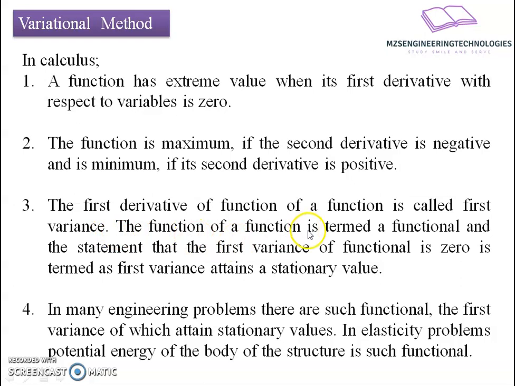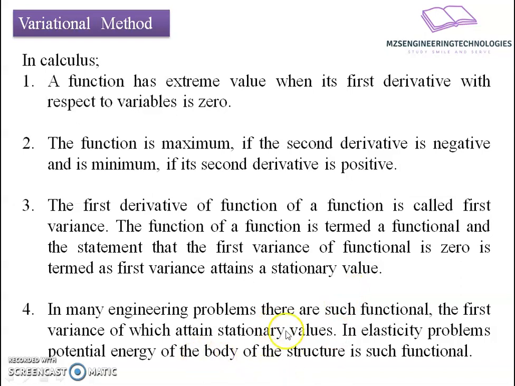The function of a function is termed a functional, and the statement that the first variation of a functional is 0 means the first variation has attained a stationary value. Means here the variation of that function over that domain is going to reach a stationary value, and such relations we call variational relations, and we are about to calculate such variational relations.